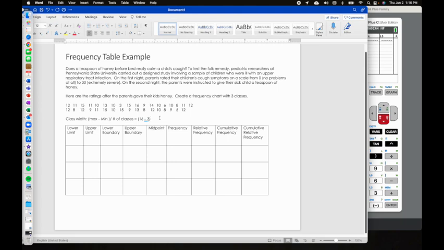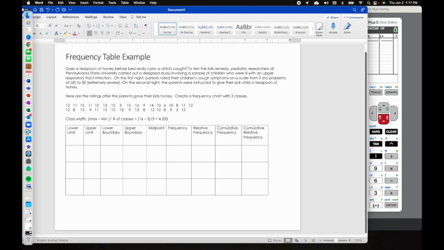So when I take 16 minus 3, I get 13, and then I divide by 3, that's going to give me 4.333 repeating. Now, whenever you find the class width, you always want to round up. Even if it comes out to a whole number, if it comes out to 4, you still want to round it up to 5, because we want to make sure that the upper limit of that last class goes out far enough to contain the maximum value.